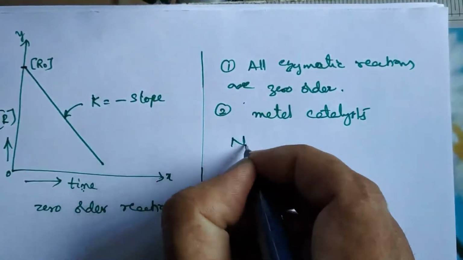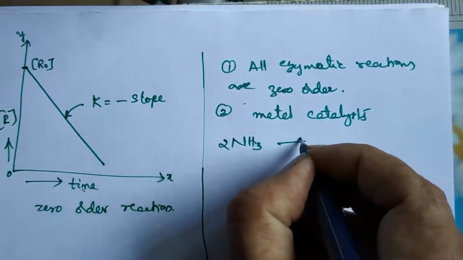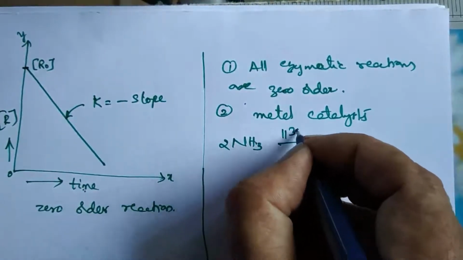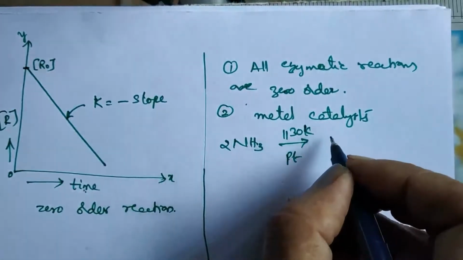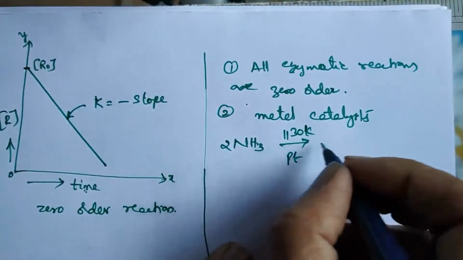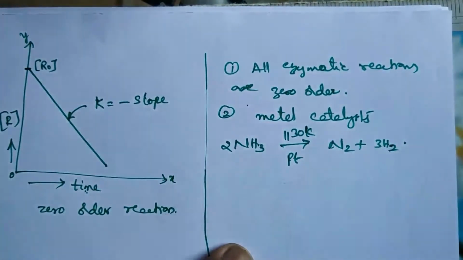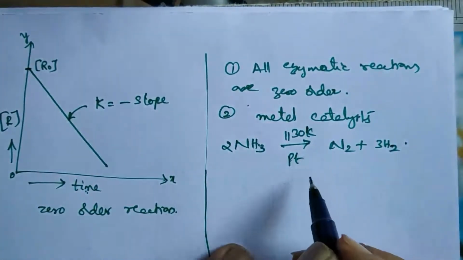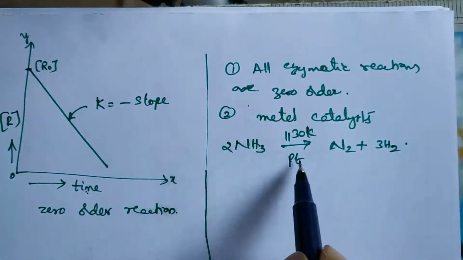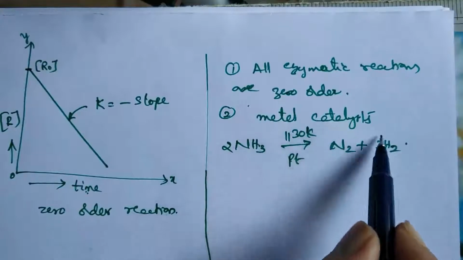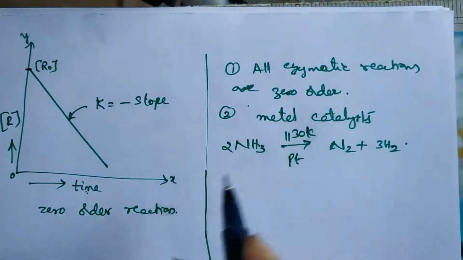For example, dissociation of ammonia at 1130 degrees Kelvin on the surface of platinum metal. It will dissociate into nitrogen and 3 moles of hydrogen. So this is another example. That means the dissociation reactions which undergo at metal surfaces are also examples of zero order reactions.